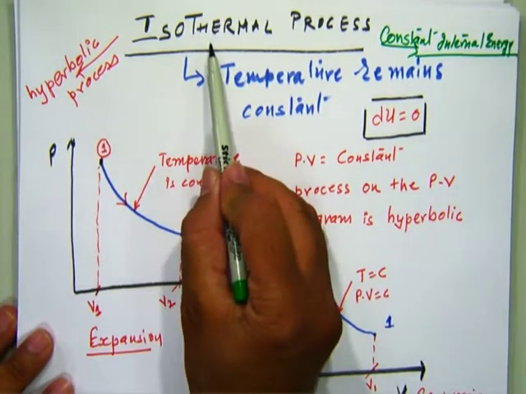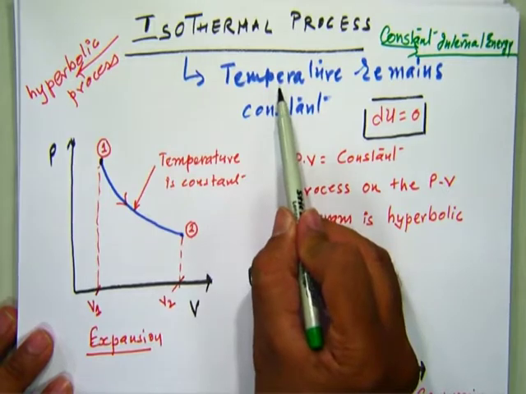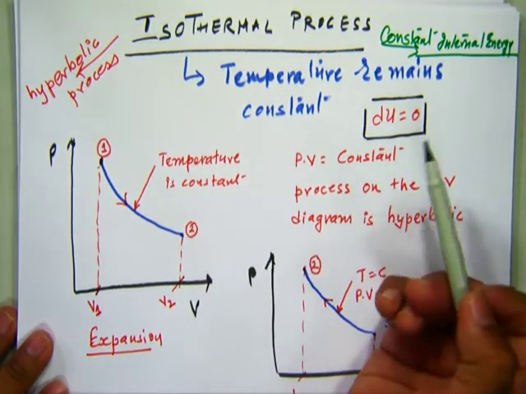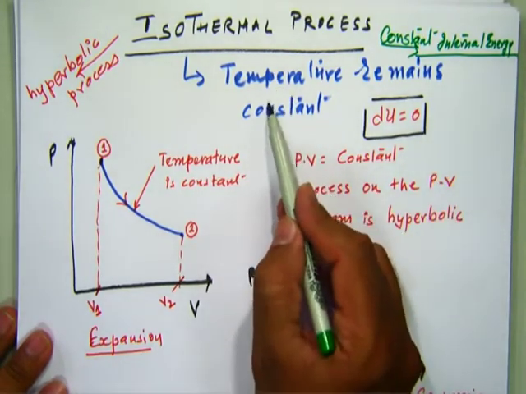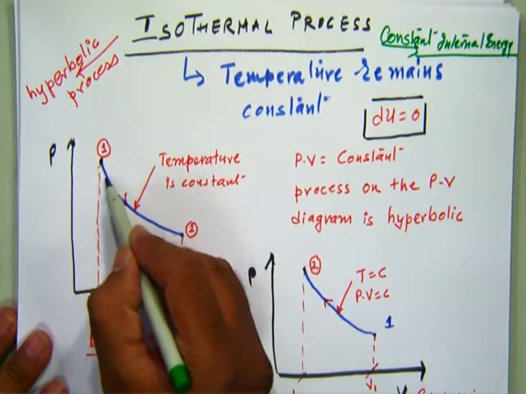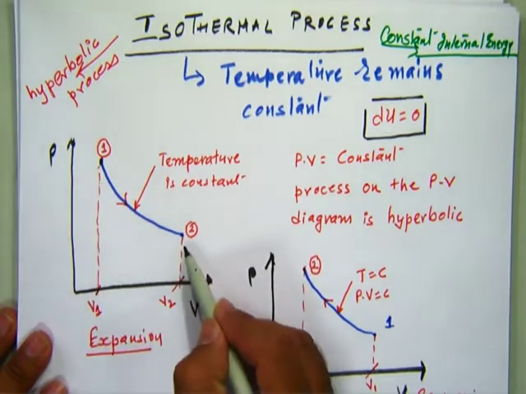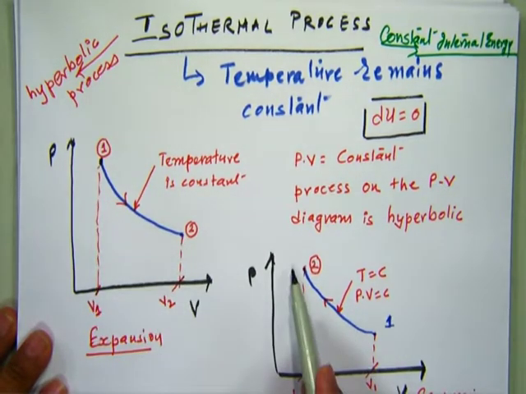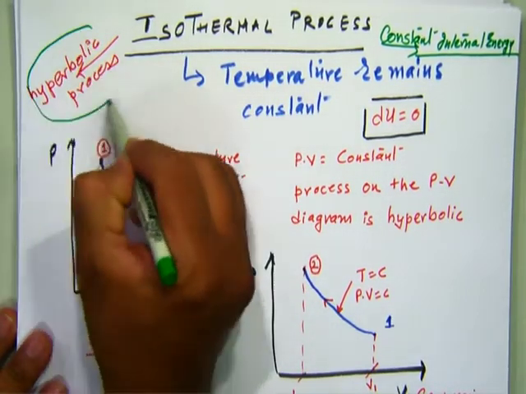So in the isothermal process, temperature remains constant. It is a constant temperature process. As the process curve is hyperbolic, whether it is expansion or compression, it is known as hyperbolic process.